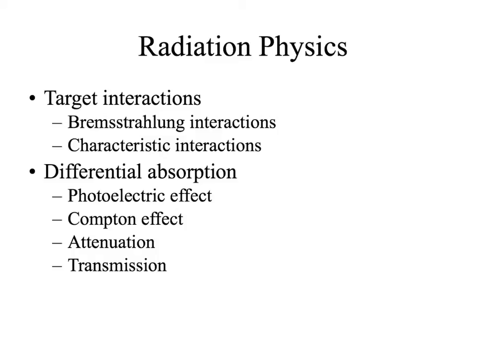Then we can talk about differential absorption, and that's generally the way we talk about the interactions inside the patient, right? That's going to be photoelectric effect, Compton effect, and then attenuation and transmission. That's what we're talking about over here, how it's transmitted to our image receptor, right? So that's a general overview of what we're looking at.